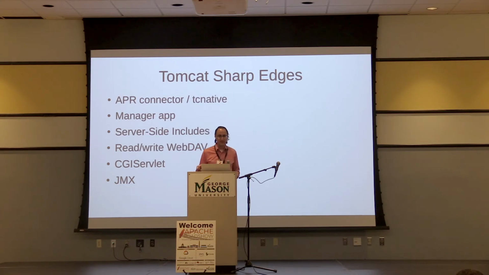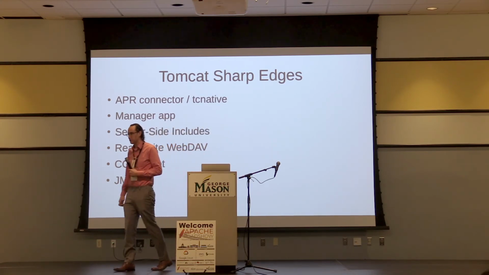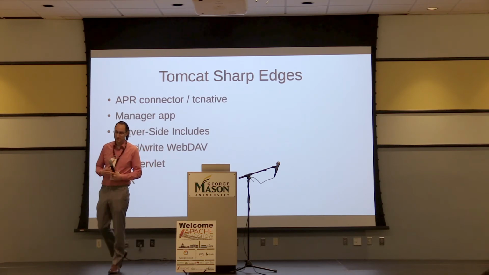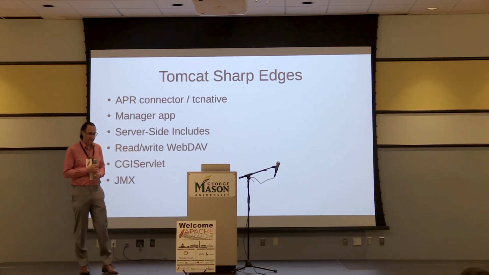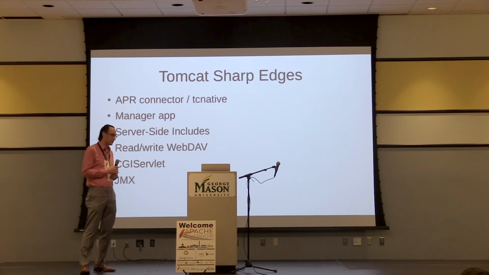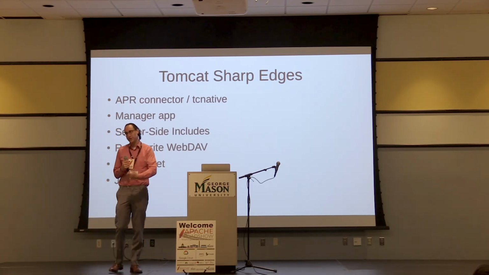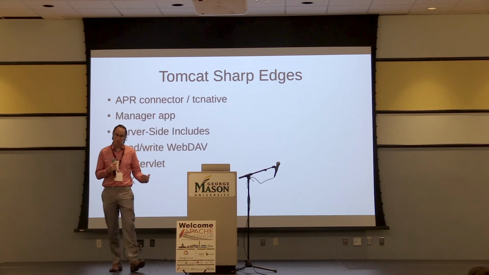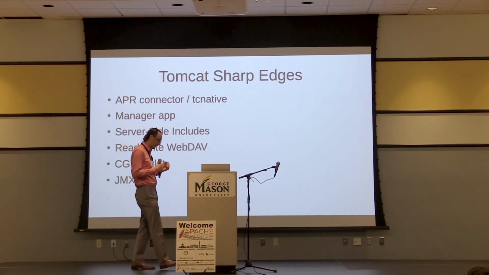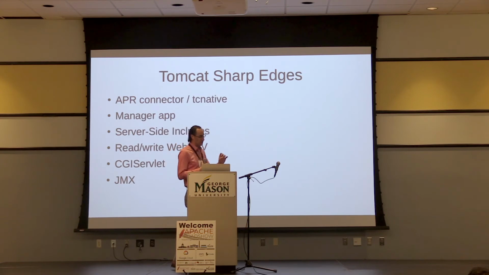Server-side includes and the CGI servlet, those are basically built-in remote code execution managers, right? CGI servlet is intended to run scripts on your server. Theoretically, those scripts should be packaged with your application, so make sure that they are safe, but just be aware that in order to execute that thing, you're leaving the JVM.